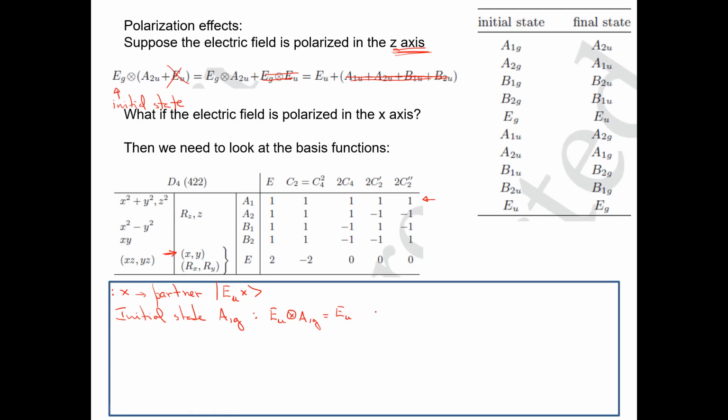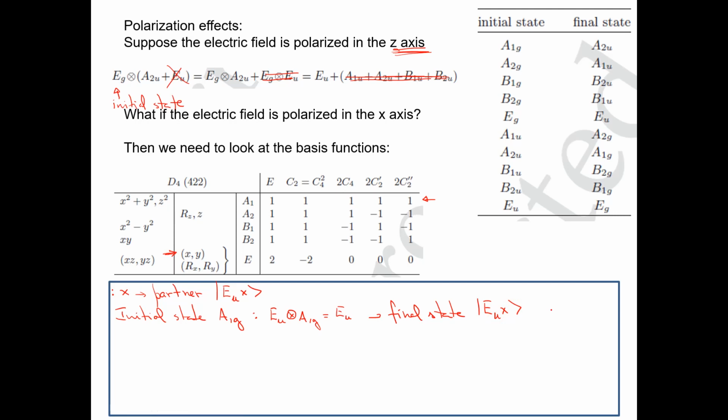Yes, because your Hamiltonian transforms like just one of the partners, the x partner of Eu. So in order for the matrix elements to be non-zero, the final state must also transform like the same basis function x.